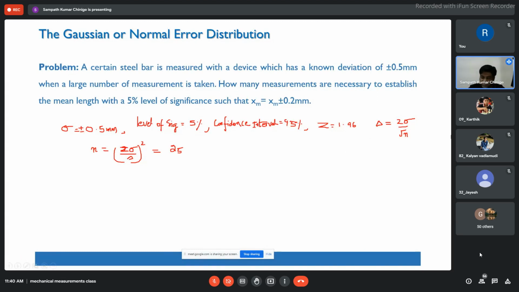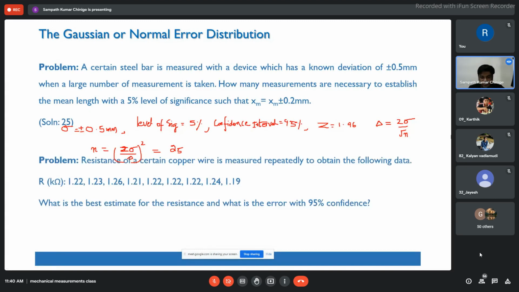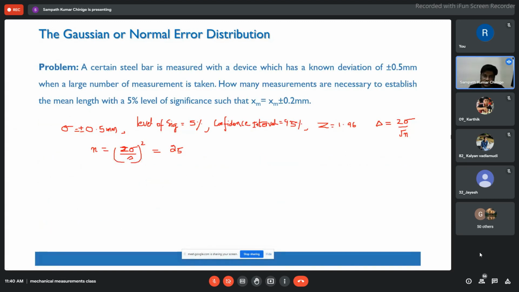So these problems you can solve on your own. Let us see what the problems can be like. You can see here a certain steel bar is measured with a device. We have a device and I'm trying to measure the length of a steel bar.